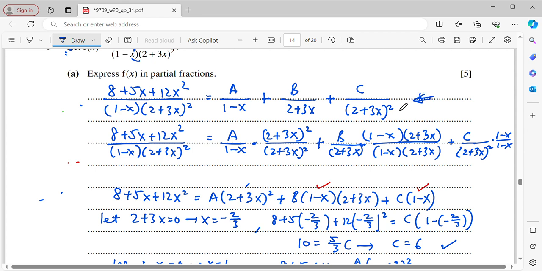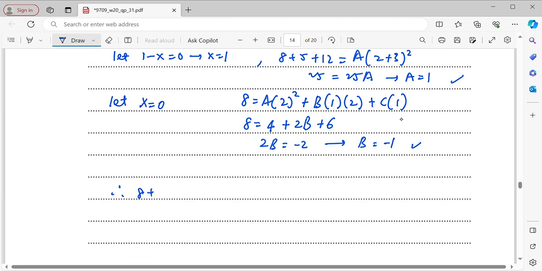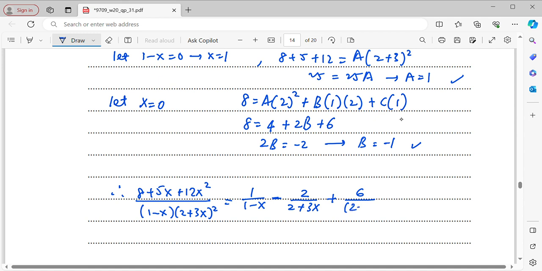Then that will be the solution for part A. Okay, so that's all for this partial fractions.